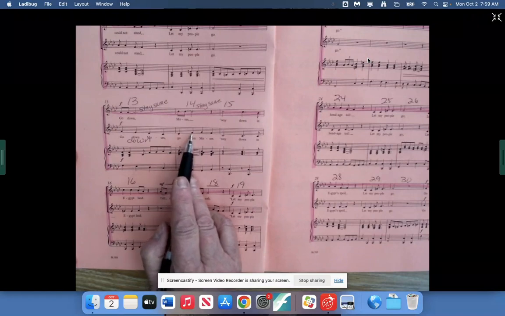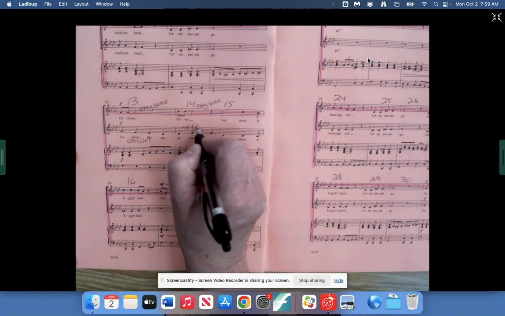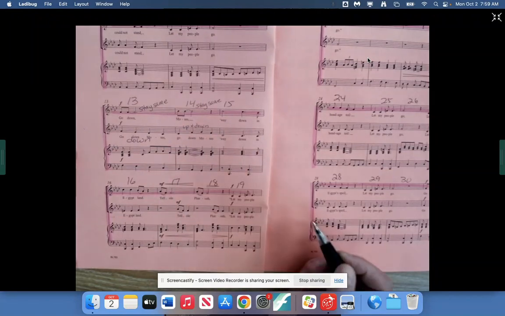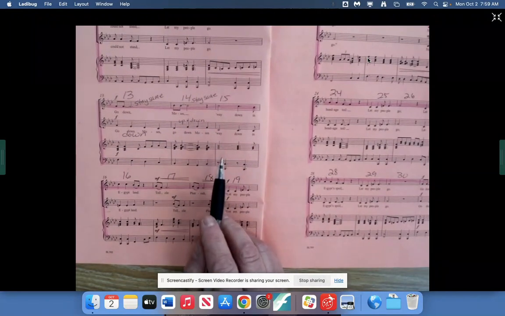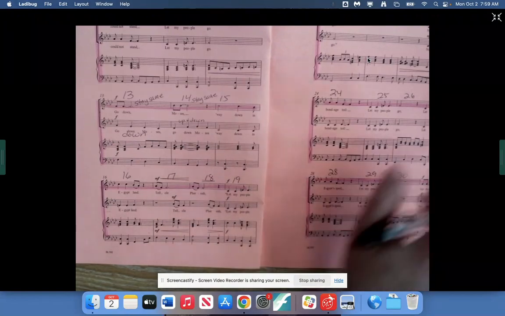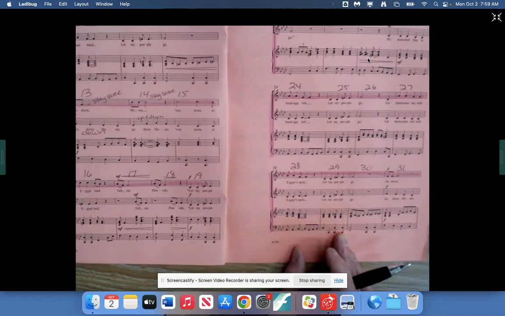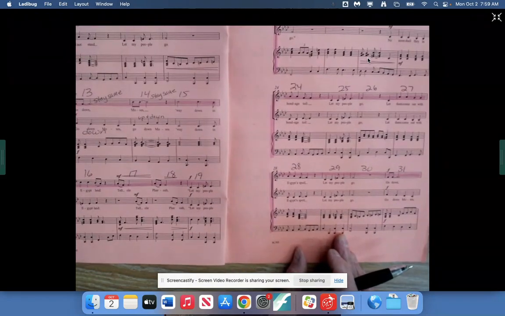And part 2 goes up, up, and then down. So maybe up and down. So it's good to know what direction the pitches are going so you can sing the melody or the tune of your song correctly.